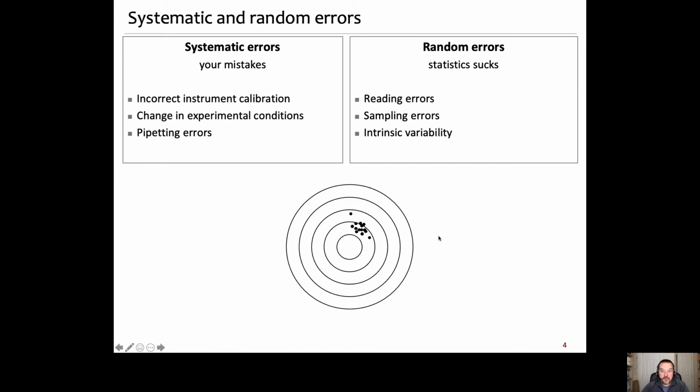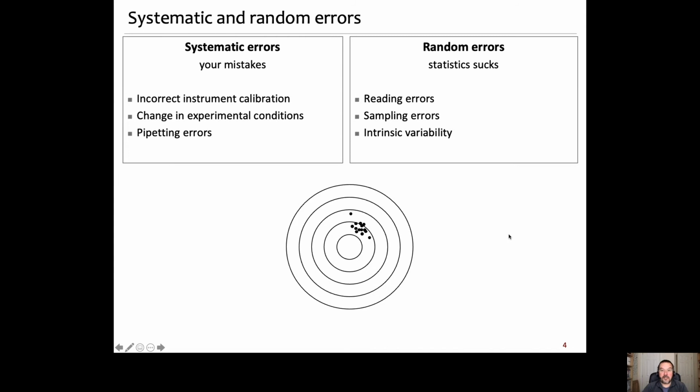The difference between these two types of errors is illustrated in this figure. Systematic errors are responsible for a systematic shift of all the results from the real, true, accurate value. Random errors cause the scatter of these points around the center.